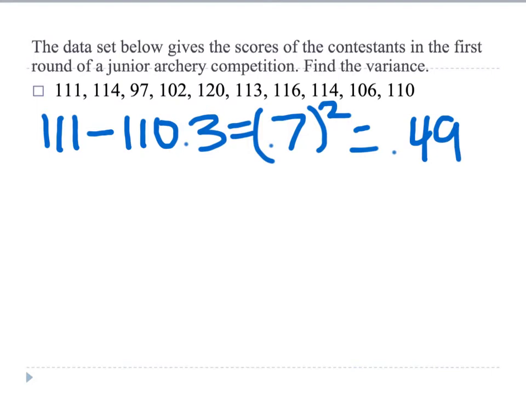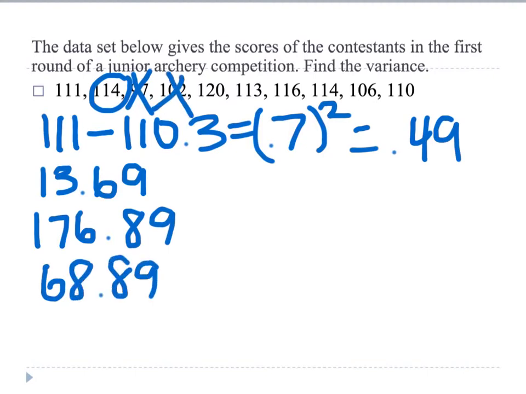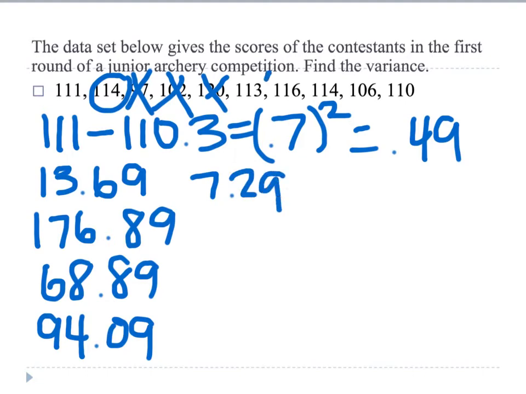So we get 0.49 and then 13.69 with 114. And then 176.89 when we do 97. And then 68.89 when we do 102. And then 94.09 when we do 120. And then 7.29 when we do 113.